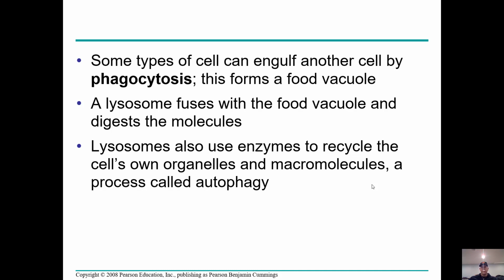It'll fuse with it and release its enzymes on the cell or whatever else was engulfed, and that will allow the enzymes to break down the materials, and then the cell can utilize those materials. Say it has some proteins, it breaks them down into amino acids, and then the cell will take those amino acids and make its own proteins.